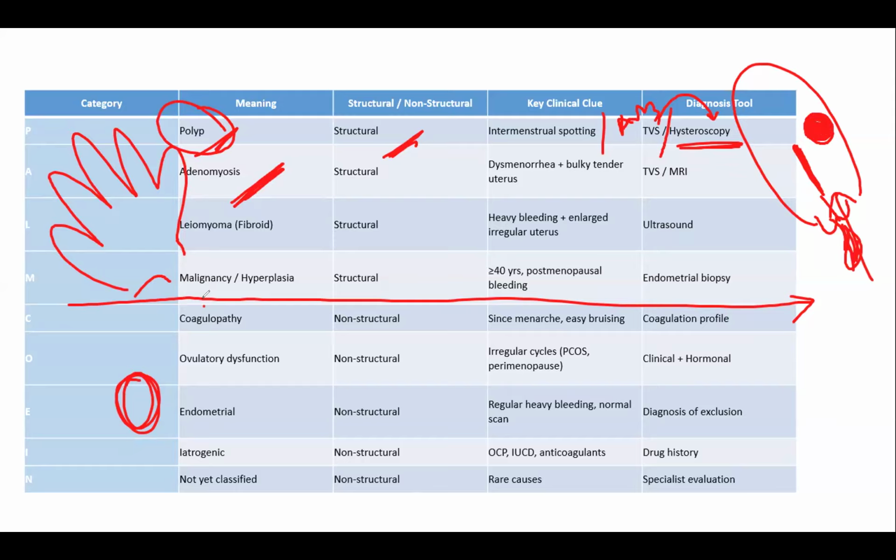This is known as adenomyosis. This adenomyosis will cause dysmenorrhea, dyspareunia, bulky sized uterus. So what is the investigation of choice? You do scan, you find out that it's adenomyosis. To confirm, you do MRI. Am I clear? Yes, ma'am.